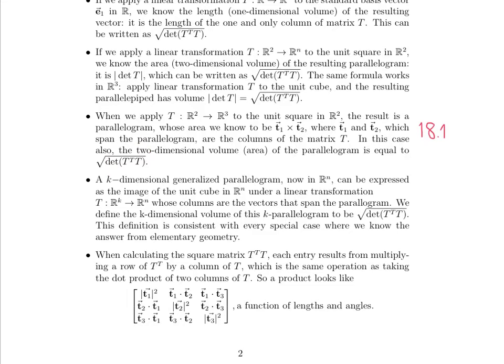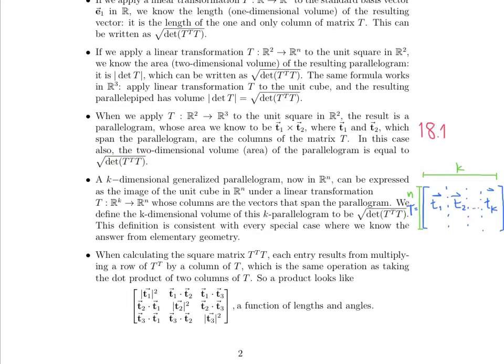That means that we would take the k vectors that span that parallelogram and construct some T where each of those k vectors is a column of T, and it would look something like this. I took each of the vectors that spans the parallelogram and made it into this matrix where each of them is one of the columns. Now there are k of them, so this has k columns, and since each of them is a vector in Rn, this has n rows, which is how it maps from Rk to Rn.